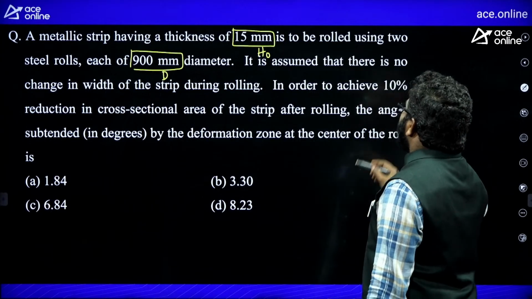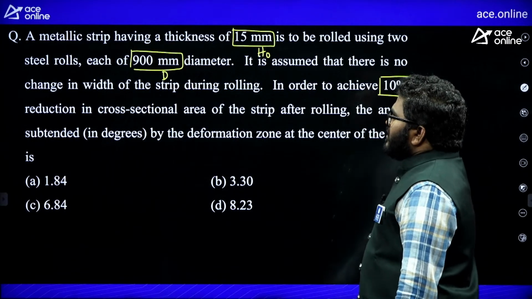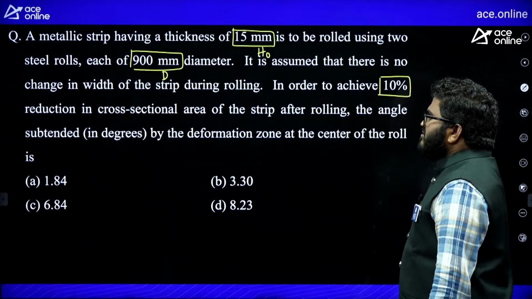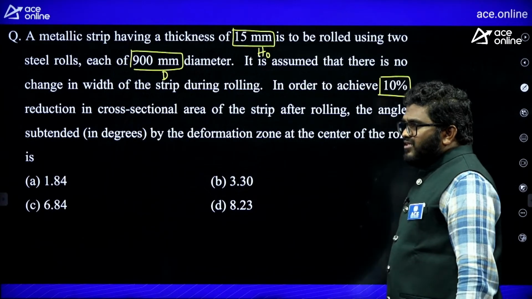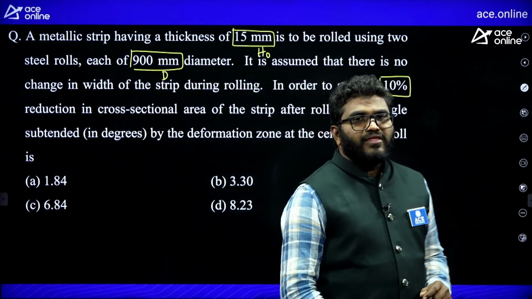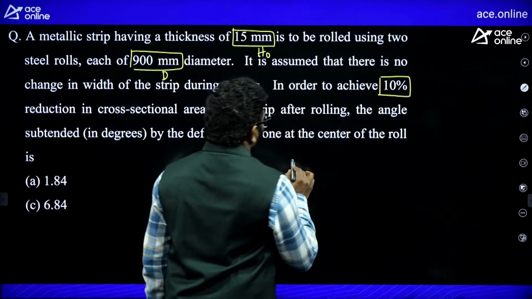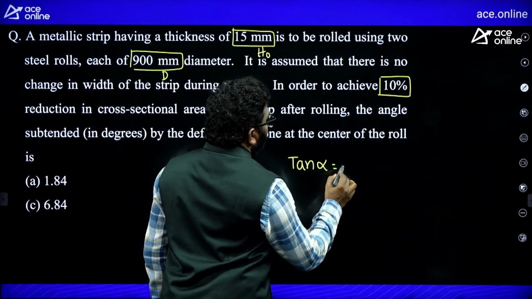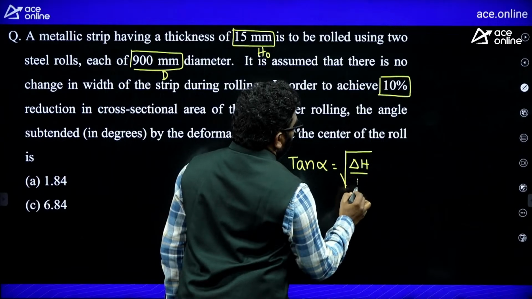In order to achieve 10% reduction in the cross-sectional area of the strip after rolling, the angle subtended in degrees by the deformation zone. Simple question here, angle of bite they are asking. So generally, what is the formula of angle of bite? Tan alpha is equal to root of delta H by R, formula.